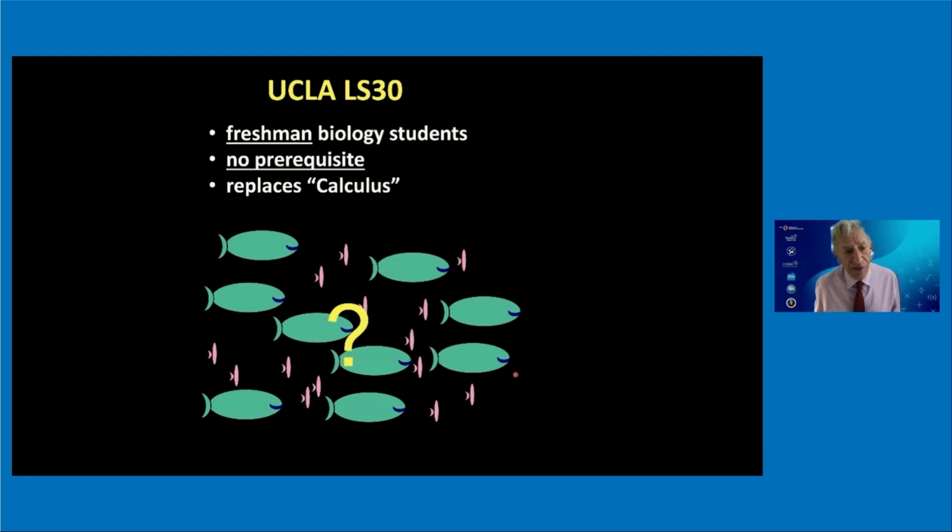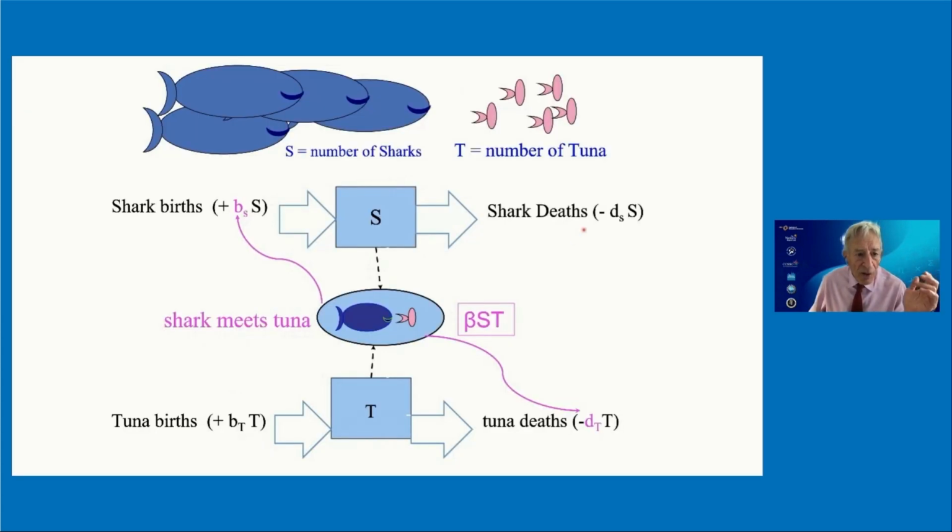So what do we do in this class? Well, we start with sharks and tuna, and we say, how do we understand what is going to happen to the sharks and the tuna. So we learn we're going to make certain state variables. S is the number of sharks, T is the number of tuna. And then we're going to make a shark compartment and a tuna compartment, and we're going to ask what makes sharks go up, what makes sharks go down, what makes tuna go up, what makes tuna go down.